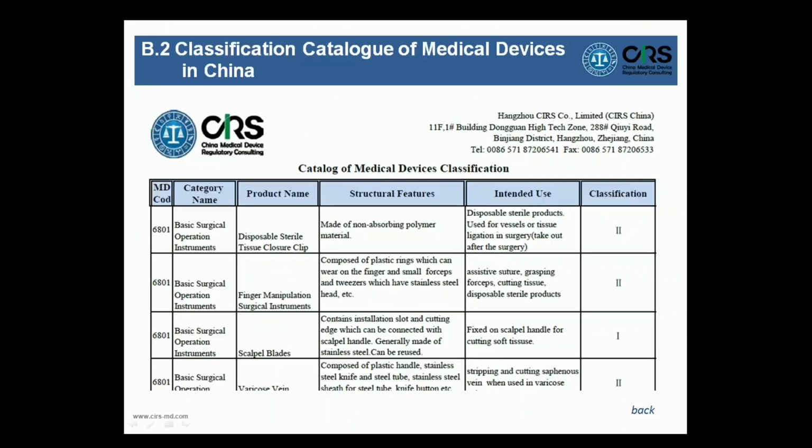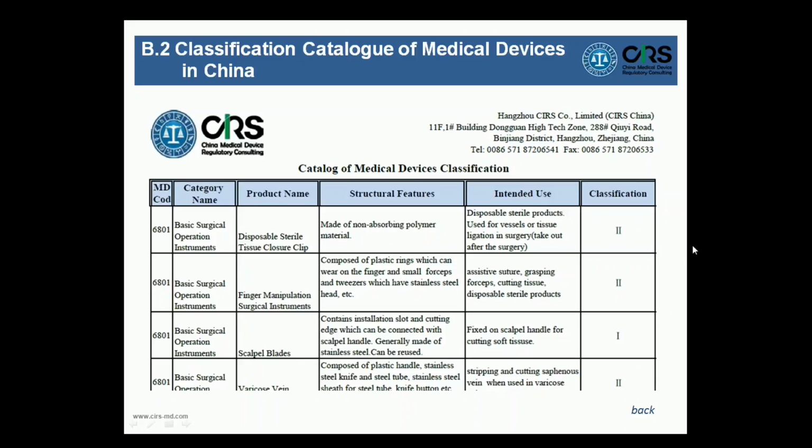The catalog was released by CFDA but without recent updates, and sadly the CFDA catalog was in Chinese. So our team spent half a year to translate the catalog and collected all updates into our new catalog. It is really very cool. Here is just a print screen of our catalog. There are a total of 200 pages and 4,367 products listed in our catalog.